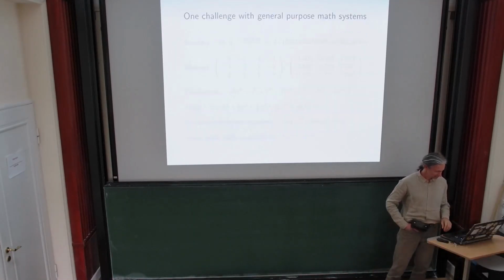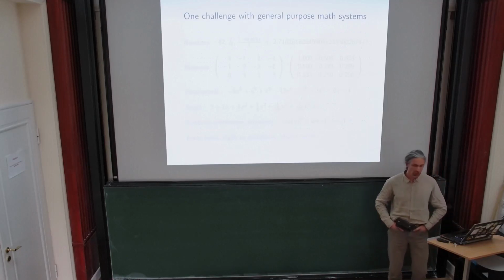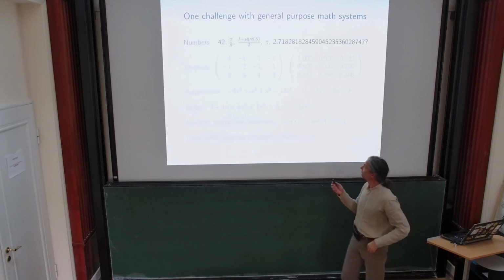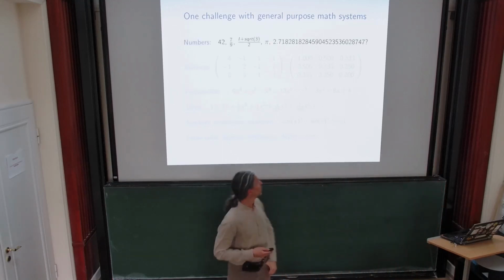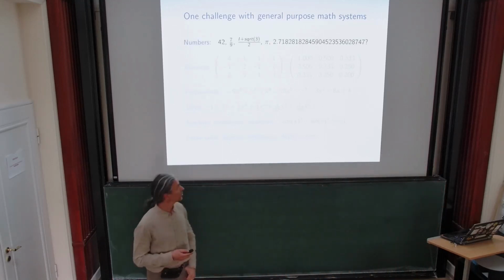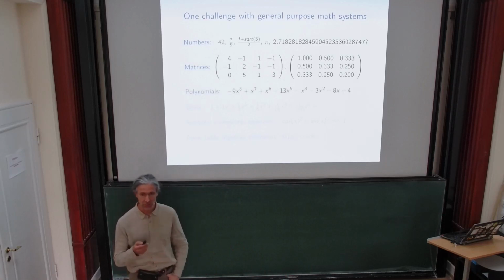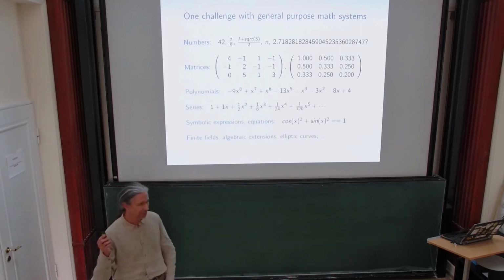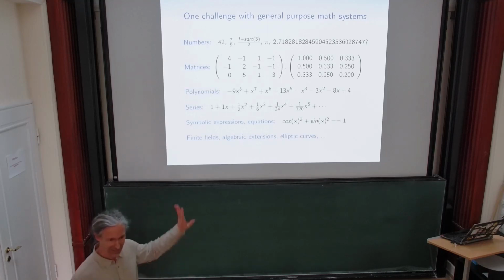That's the abstract. So, we're speaking about general purpose math systems, and a system like this, I should be using. We want to compute with various kinds of numbers, matrices, polynomial series, symbolic expressions, finite fields, elliptic curves, etc. That's just a start.